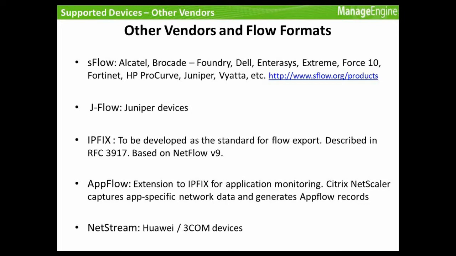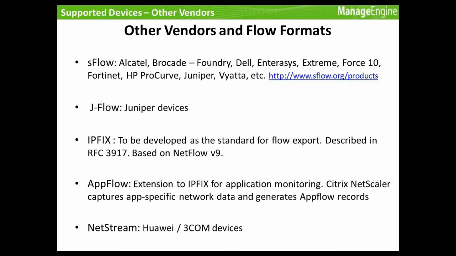Right now, it's described in RFC 3917. You can actually read it to get some sleep. So RFC 3917 defines IPFIX, which is going to be the standard for flow export very soon. That is based on NetFlow v9, provides flexible options, addition of custom, vendor-defined fields, or more fields than that which are available in sFlow and NetFlow version 5.